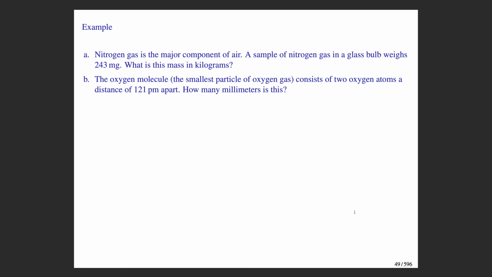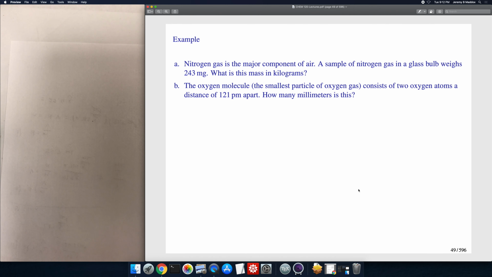So here we're going to be doing some fairly straightforward SI to SI unit conversions. That is, we're converting from one SI unit to another SI unit. Okay, so we've got some nitrogen gas, and we have 243 milligrams of that gas. So the milligrams right here.